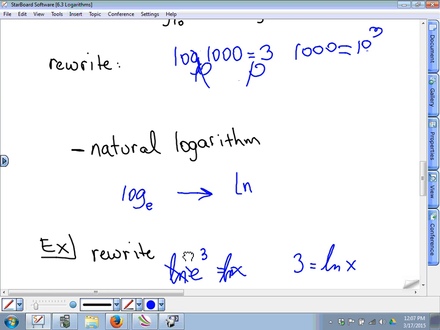So here's your task. Let me rewrite that. I want you to rewrite this equation into logarithmic form. e to the third power is equal to x. Ready? Go! Now we can work on this one together if we need to.